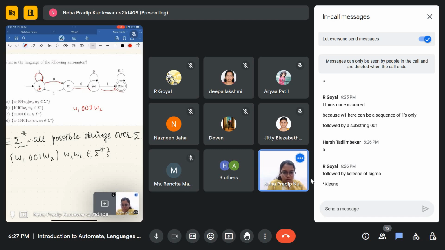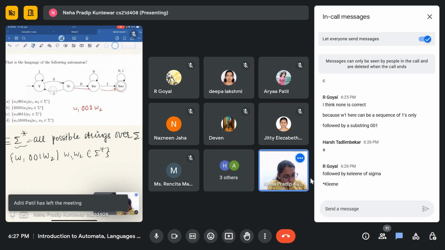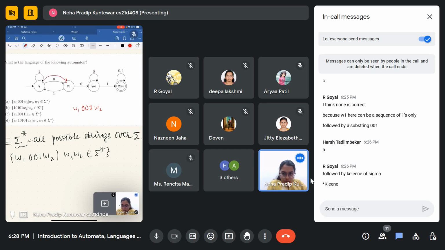You can also run over this and check that it does not accept any other string. Once you read a 0 and then you read a 1, you're again going to start in Q as if you have not even read any part of the string, and then you're again going to look for the substring 001.